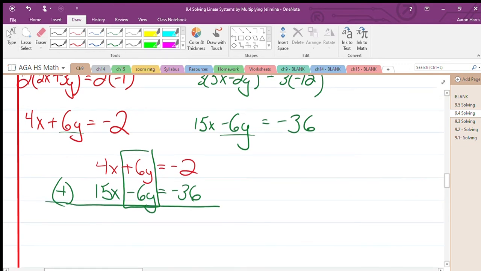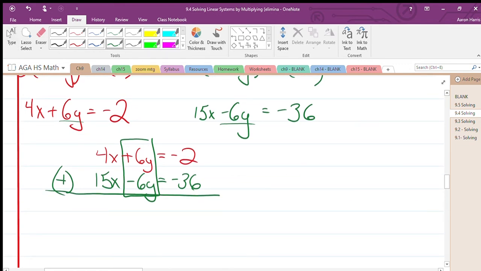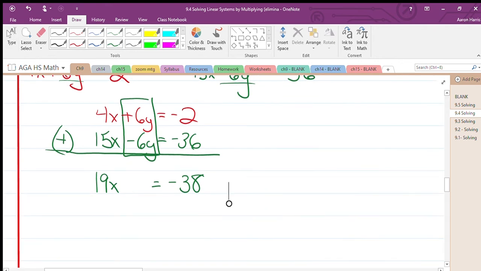So 4x plus 15x is what? 19x. 6y plus negative 6y is just a 0. Negative 2 plus negative 36, that's basically saying the same sign, so I get negative 38. Okay, so now with that being said, I'm solving for what?